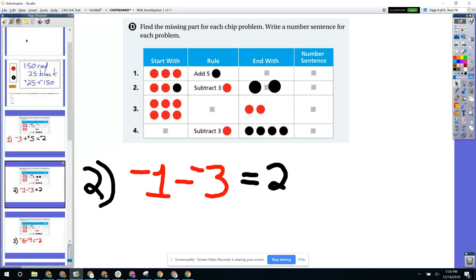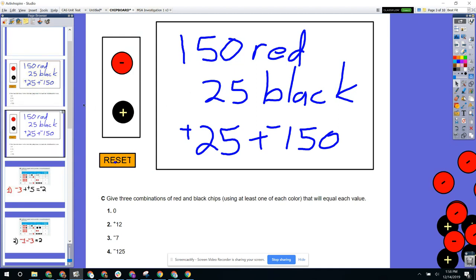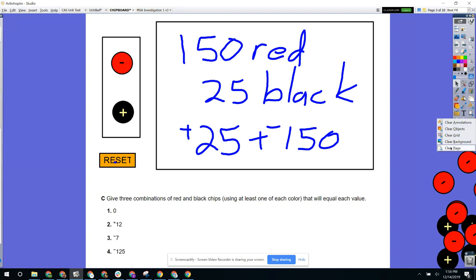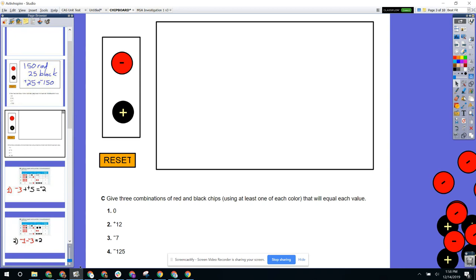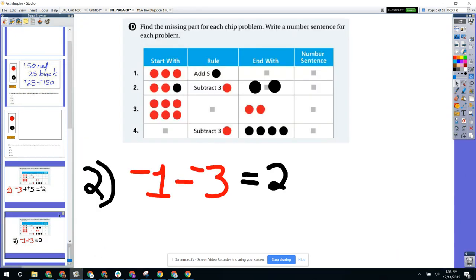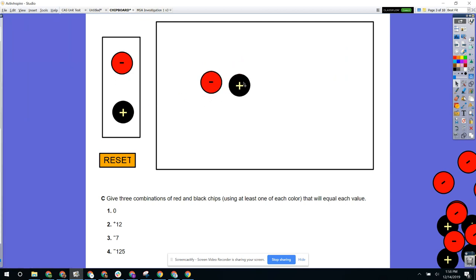If we want to visualize that, I can do that using this slide. And let's go ahead and clear annotations here. All right, so in our problem, we have 2 red and 1 black.